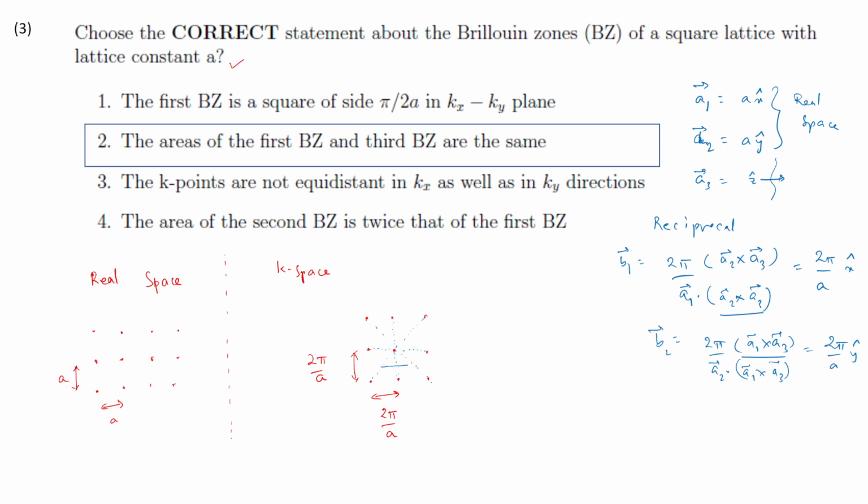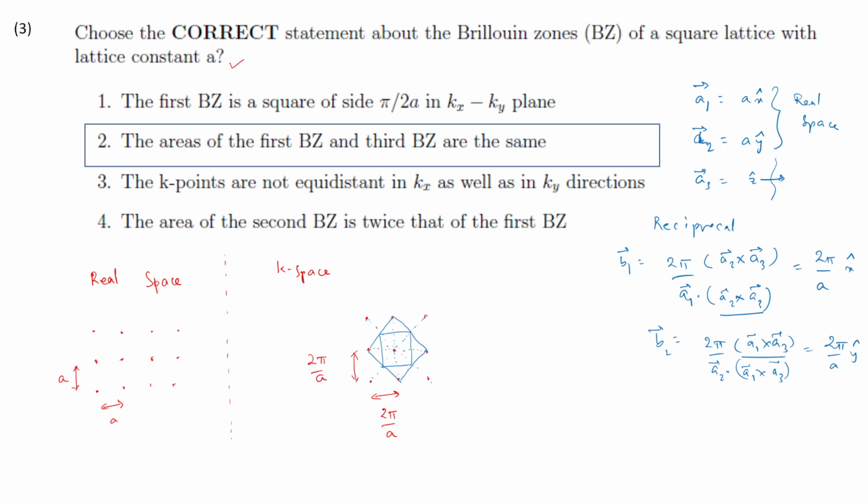Then you draw the lines which are bisecting these. So this line will be bisected by this, and this is your first Brillouin zone. Then your second Brillouin zone will come when you join the bisectors of the next nearest neighbor. So for this line the perpendicular bisector is this, for this line the perpendicular bisector is this, and similarly here and here.